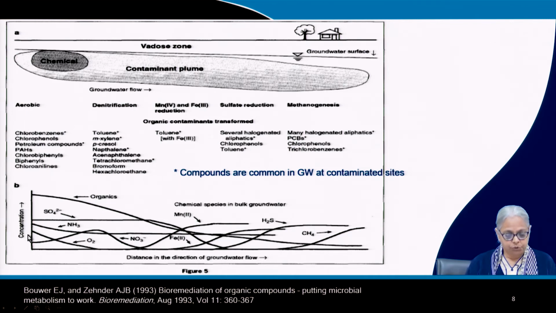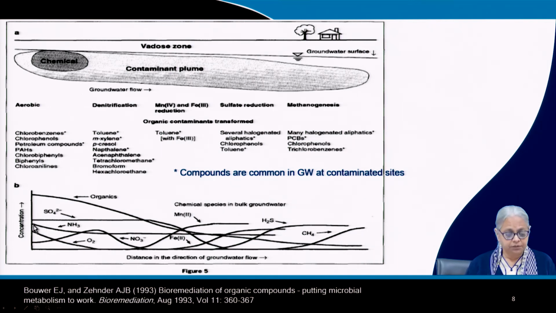What I want to show you here is that as long as oxygen is available, remember our electron tower, the best terminal electron acceptor is oxygen. So the bacteria, as long as there is oxygen, will utilize some of the organic compounds present in groundwater along with oxygen, and you can see the oxygen level going down.